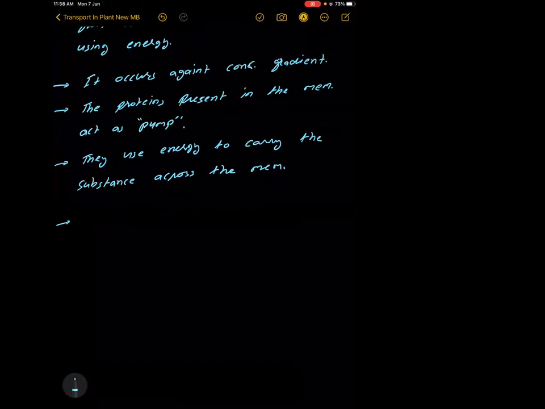This movement from low concentration to high concentration, okay, that is called uphill transport.